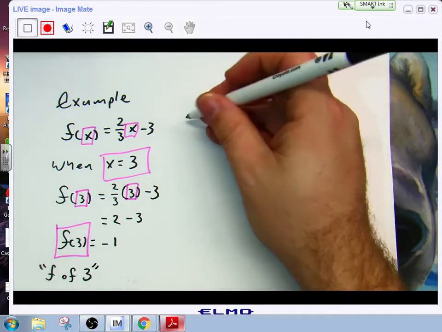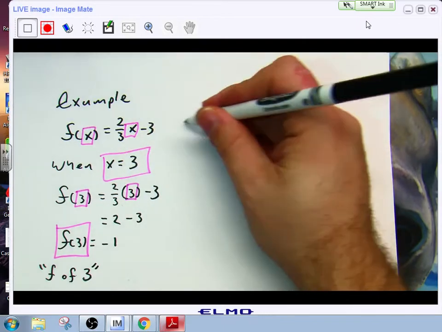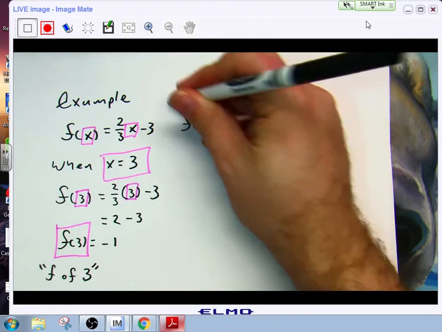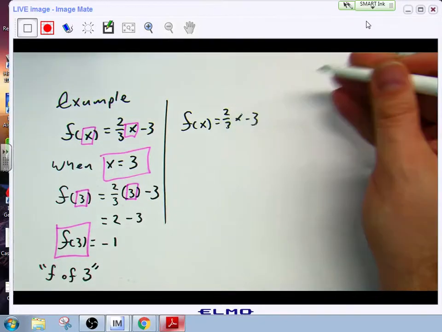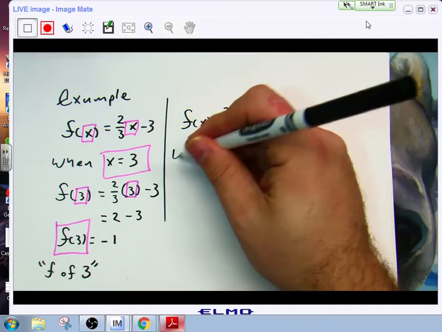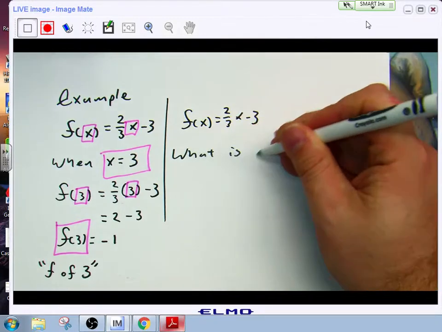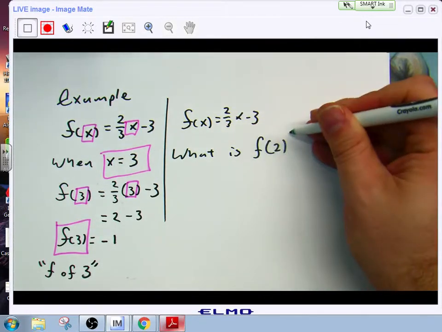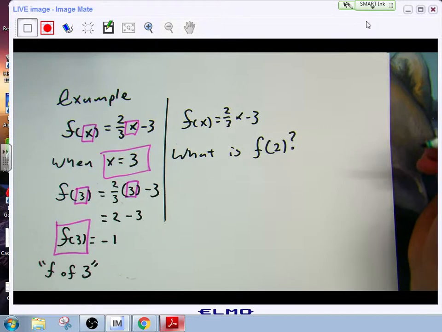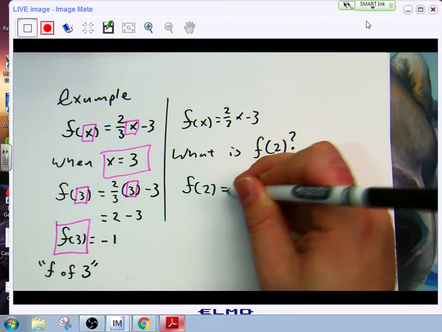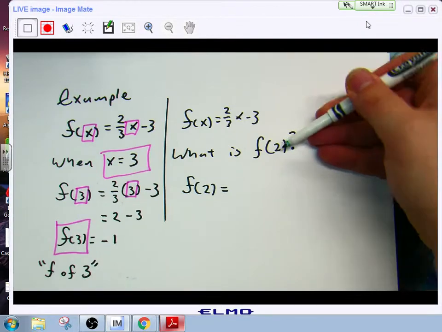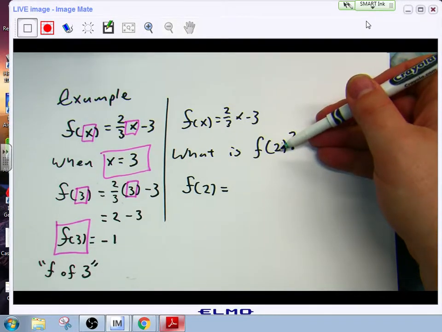Okay. So instead, I might have the same equation, f of x equals 2/3 x minus 3. And I might ask you, what is f of 2? All I did is write a 2 where x was. All that's telling me to do is substitute 2 in for x.